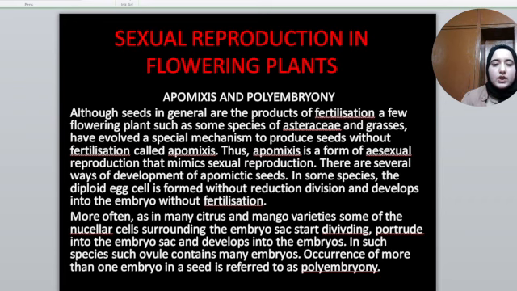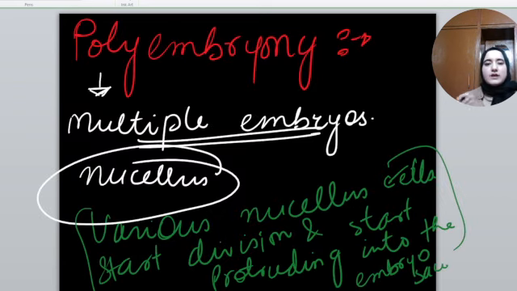Then we have polyembryony. Polyembryony means, as the name itself says, poly, multiple embryos. How is that possible? Say for example, this is the embryo sac, and nucleus cells are outside. These nucleus cells outside the embryo sac start dividing rapidly and protrude into the embryo sac. Since they protrude into the embryo sac, they form so many embryos there.